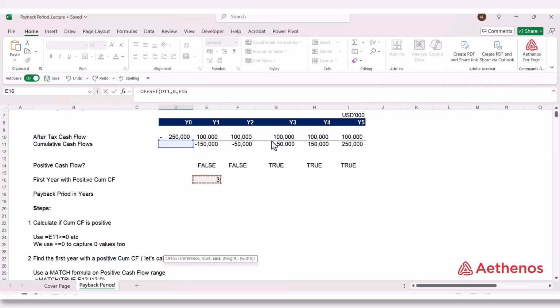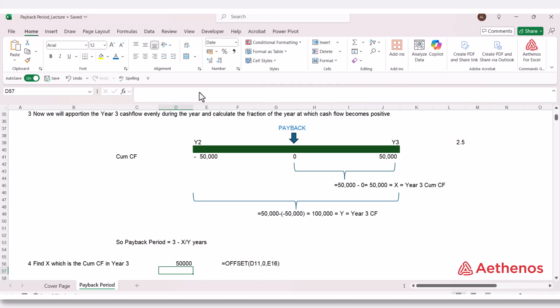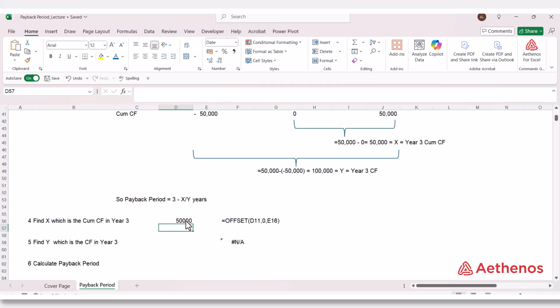So I need to go basically 3 cells until I get the year 3 positive cumulative cash flow. So I can then close this and press enter, and I get 50,000.